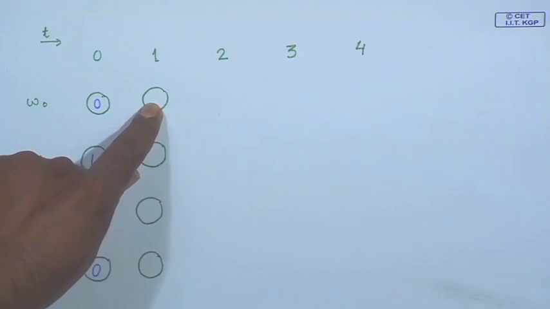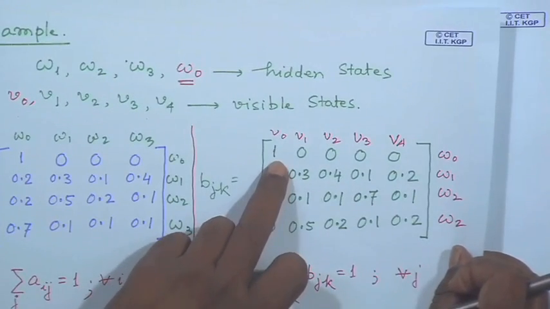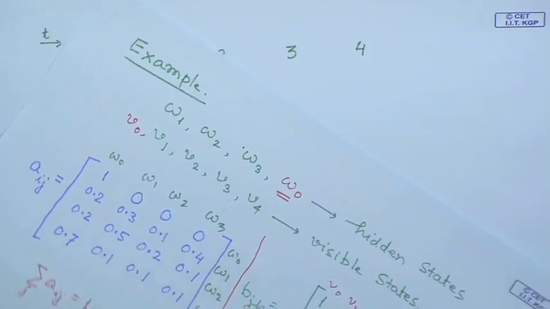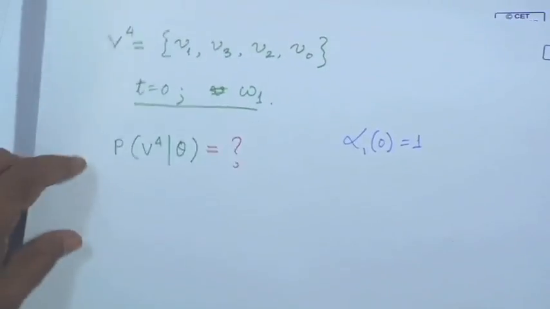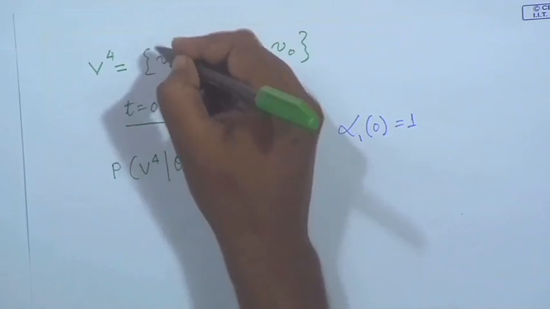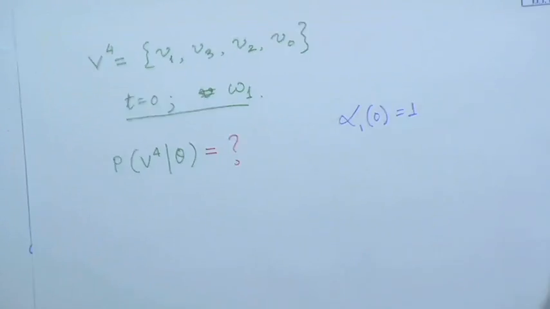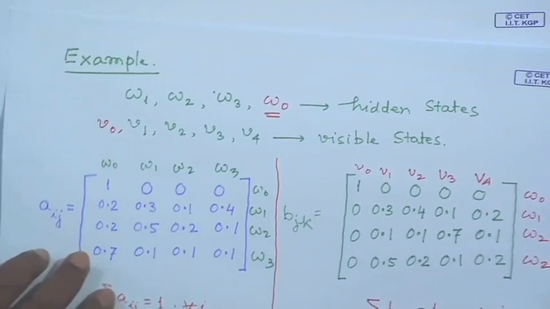And what is the value of V1? If you look at this B_jk and look at the sequence of symbols that I have, at time step t equal to 1 the visible state is V1.